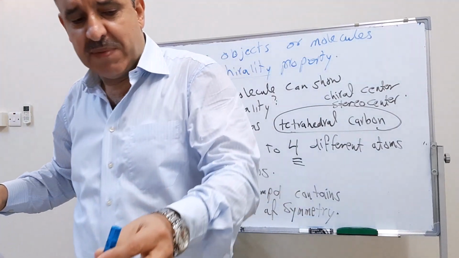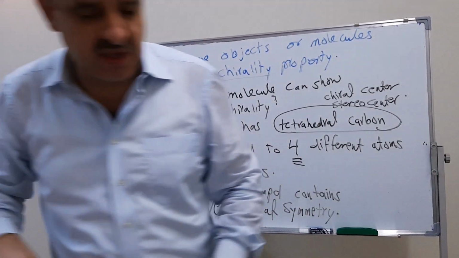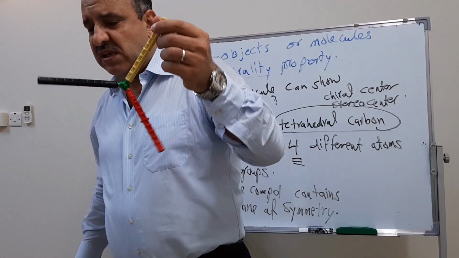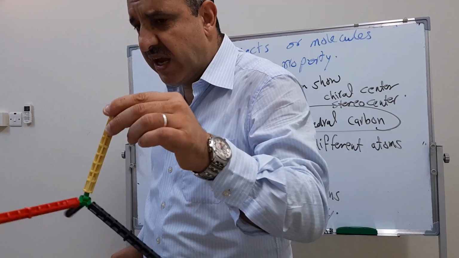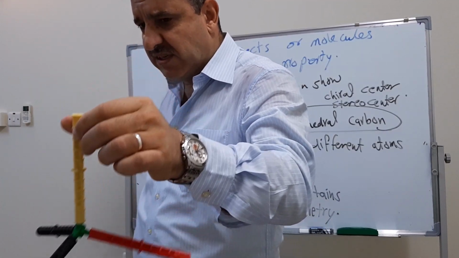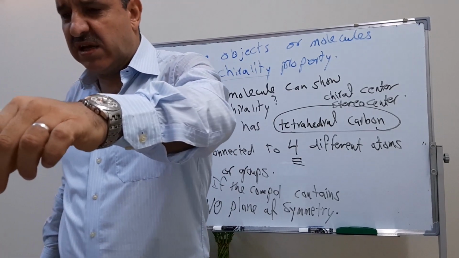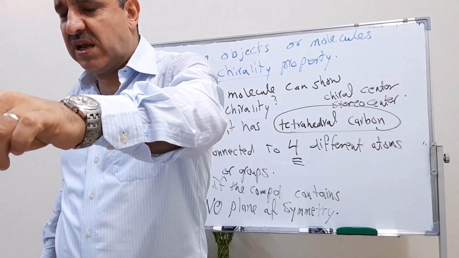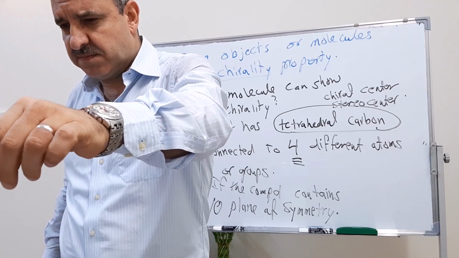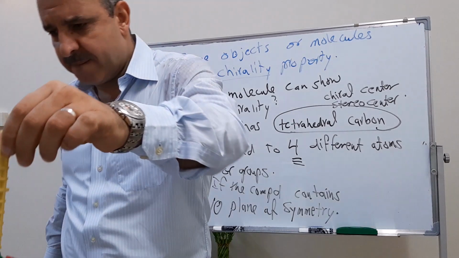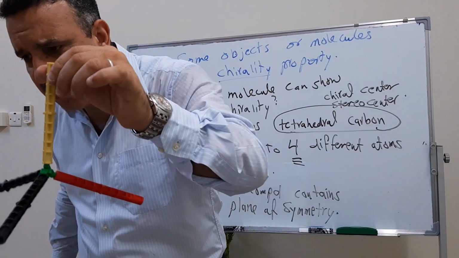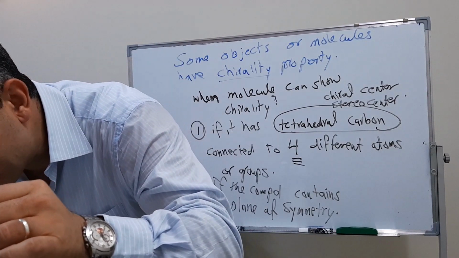Do you follow me? But if you think about the previous example, does this compound contain a plane of symmetry, a stereocenter or not? Does this compound here, as you see it, contain a chiral center or a stereocenter? No, it does not. Why does it not, Maria?